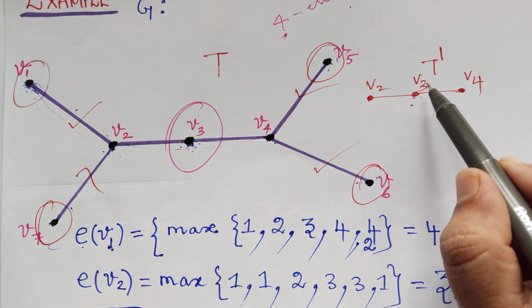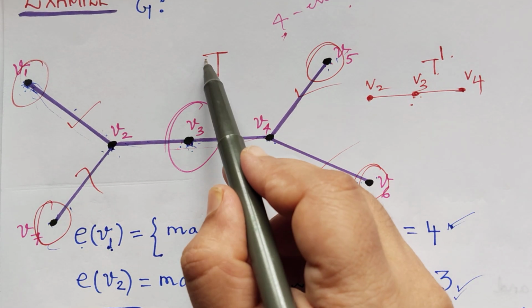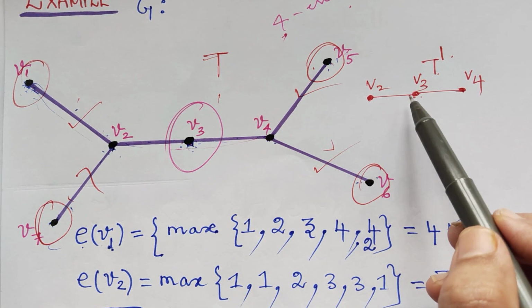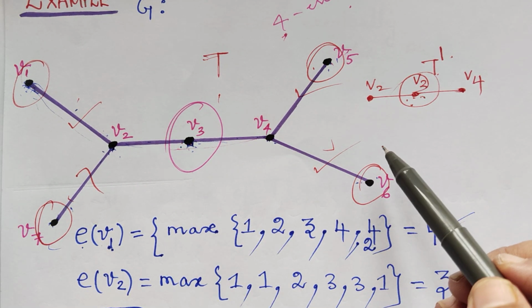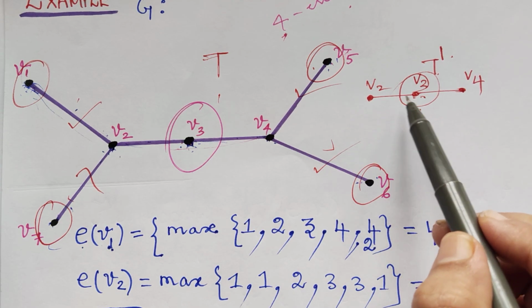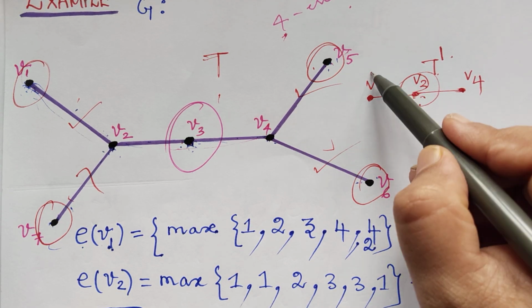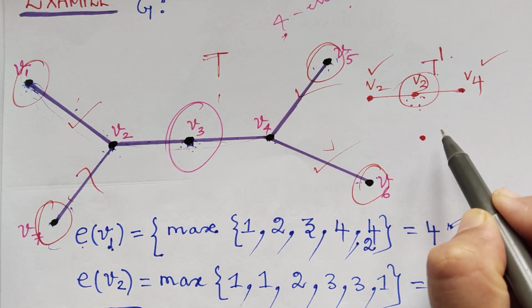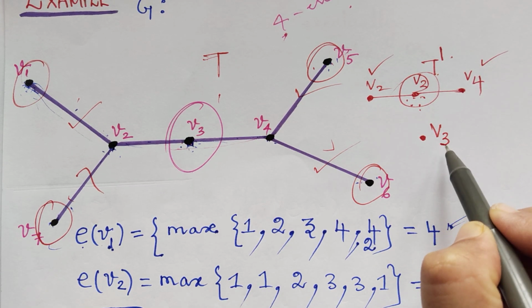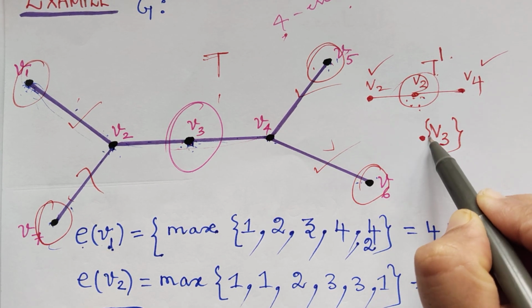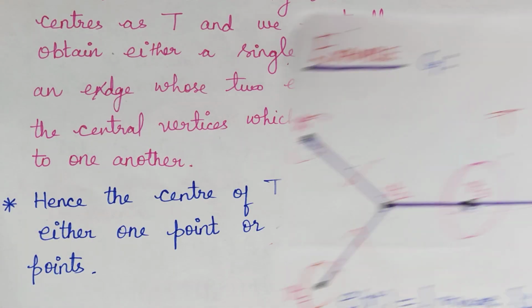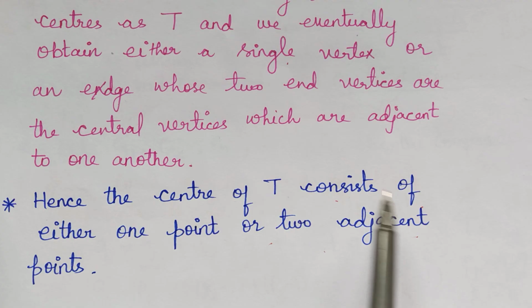This is the graph T dash that we obtained after removing the end vertices of T, and so the center of this graph is also V3 only. Next, again for this graph, the end vertices are V2 and V4. So remove them. We will be left with only one vertex V3, and this V3 is the center. And so the theorem holds for this graph, that is, the center of T consists of either 1 point or two adjacent points.